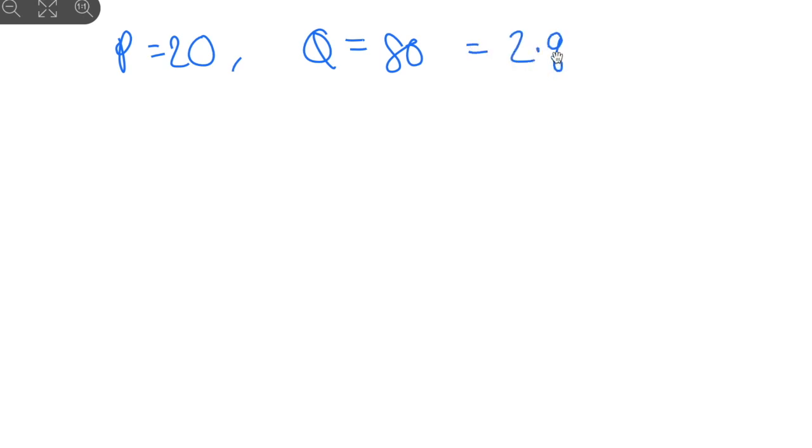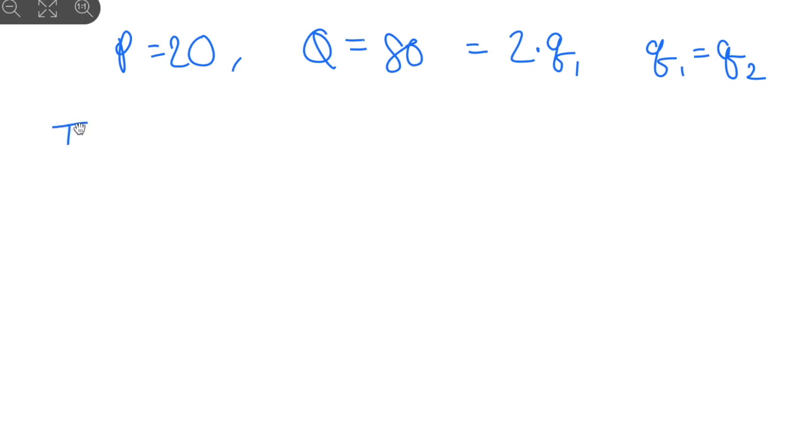Okay, so we have P equals 20, right? And Q equals 80, and that is 2 times Q1, where Q1 equals Q2, right? So each farm produces 40.